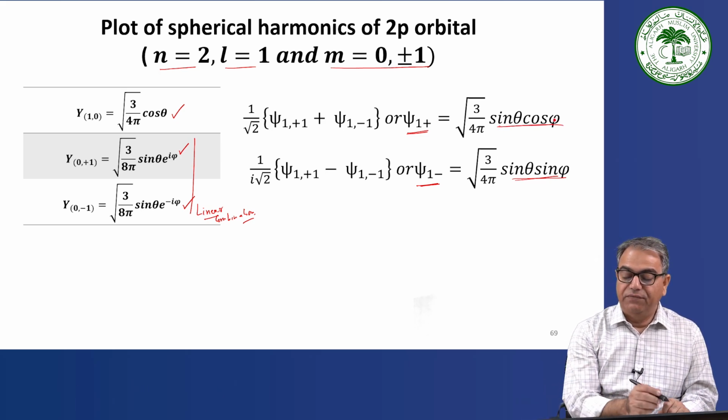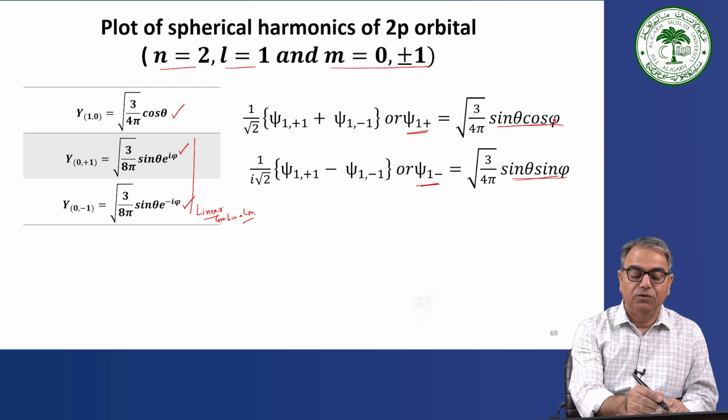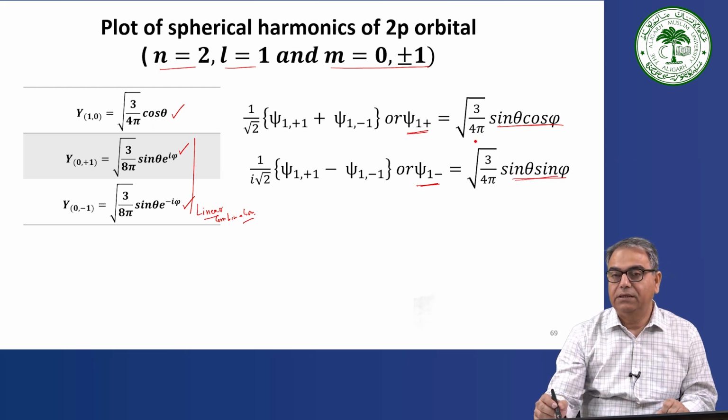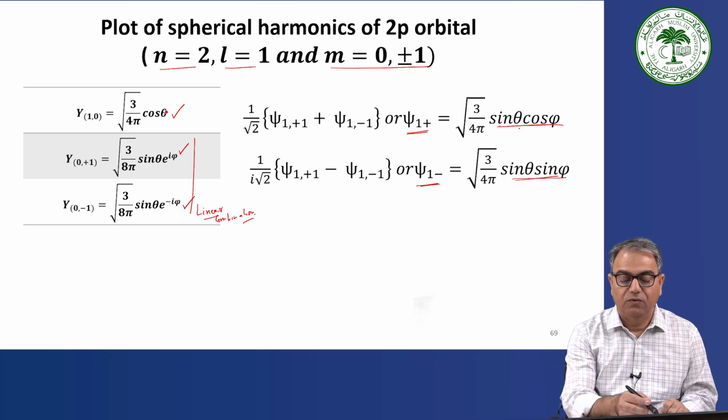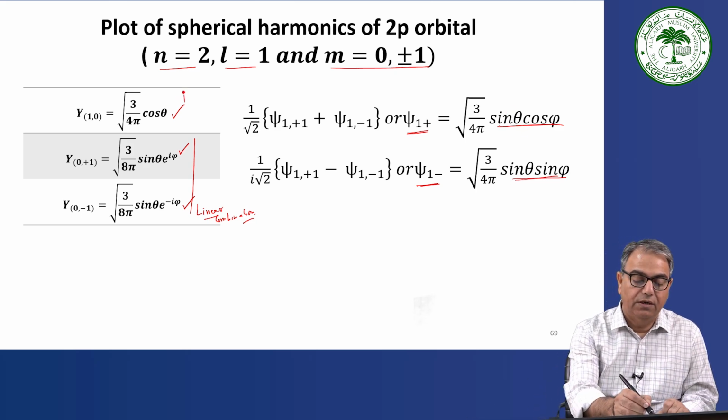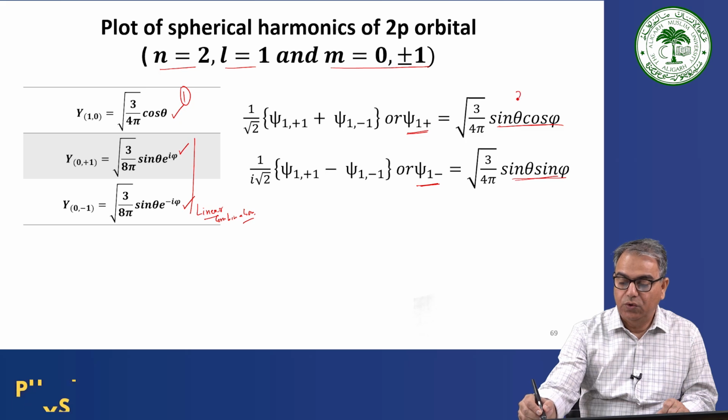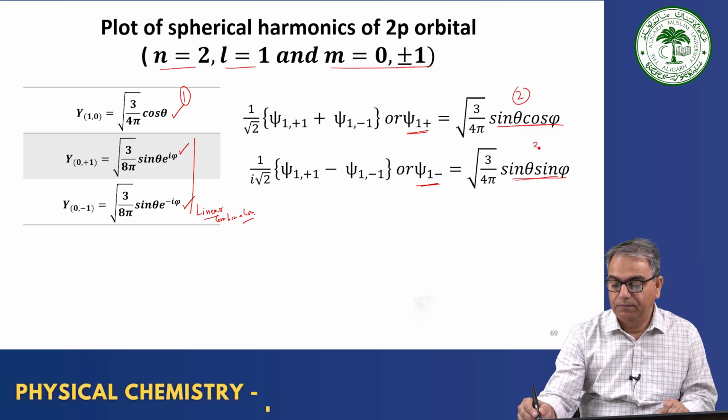So we have three real functions: root 3 by 4 pi cos theta, root 3 by 4 pi sin theta cos phi, and root 3 by 4 pi sin theta sin phi. And if you want to see the angular dependence of these spherical harmonics, 1, 2 and 3.